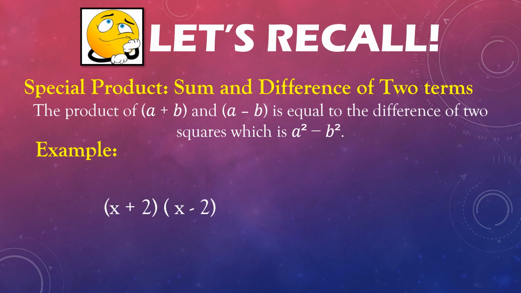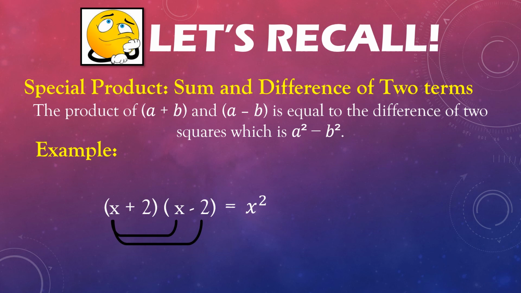Example, we have x plus 2 quantity x minus 2. If we are going to multiply this one, we can have x times x equals x squared.